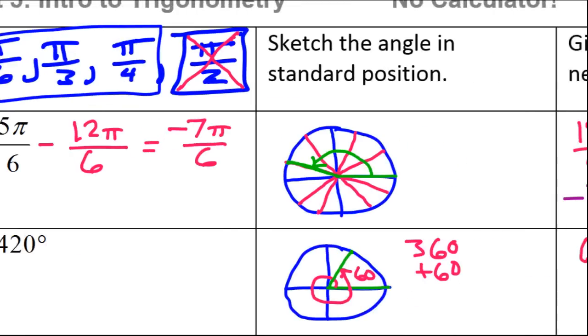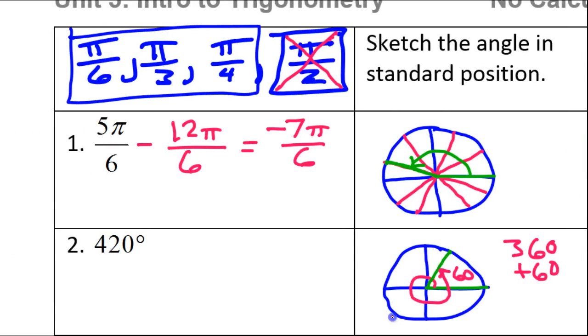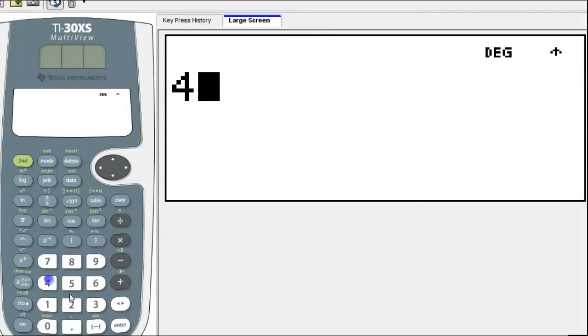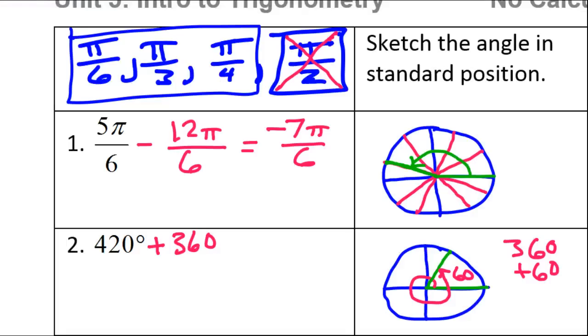But if you didn't realize about the reference angle being a coterminal angle, you might have just added 360, because that's one way to get coterminal angles, is just add the entire circle. So 420 plus 360 is 780. So that's a positive coterminal angle.